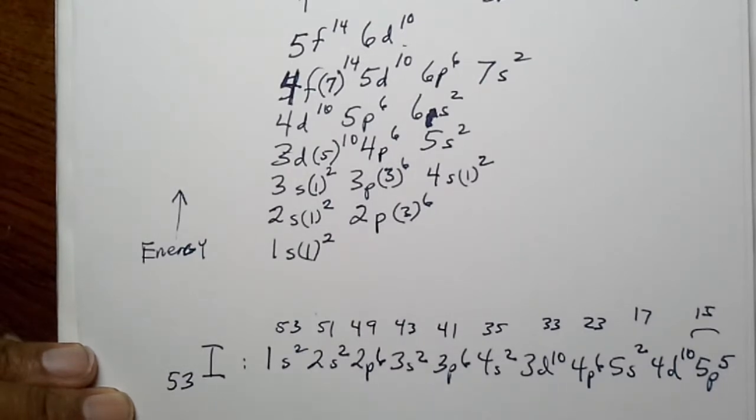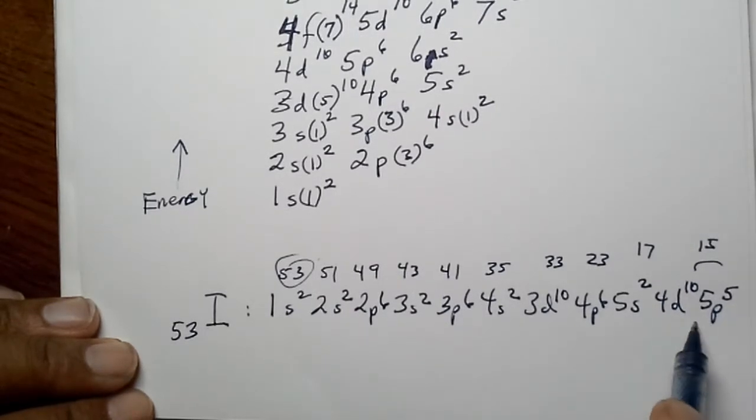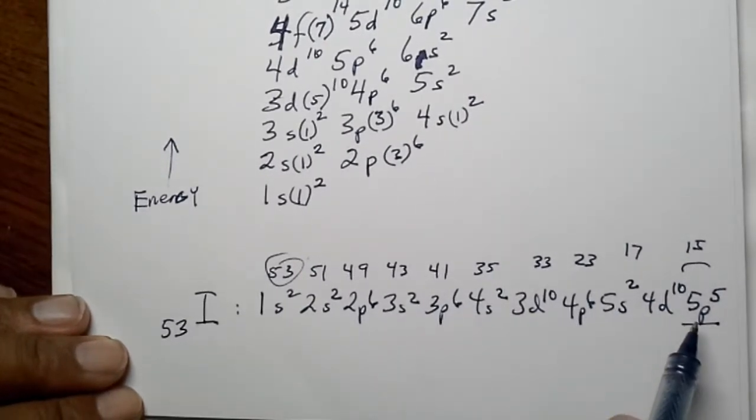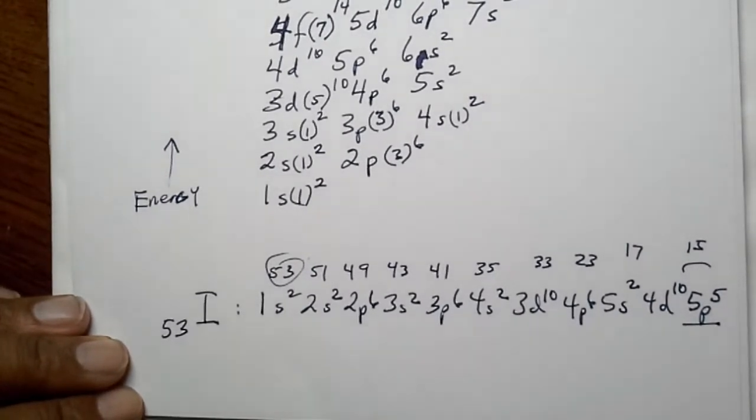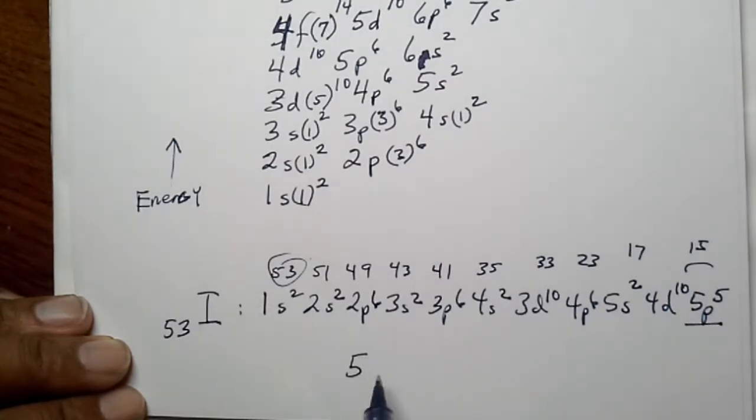Alright, so we have 53 electrons represented in this configuration. And one note that we will cover later is that notice that you have 5p, only 5 electrons. What is the maximum number? 6, correct?